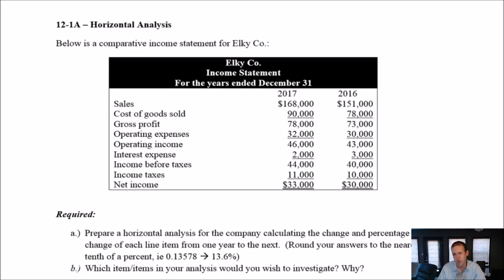There are a few ways to do horizontal analysis. You can compute trend percentage, but I'm looking for just change from one year to the next. So it says prepare a horizontal analysis for the company, calculating a change and percentage change of each line item from one year to the next. We'll make a new column here called change and one more column called percentage change. This is a lot of what an accountant does.